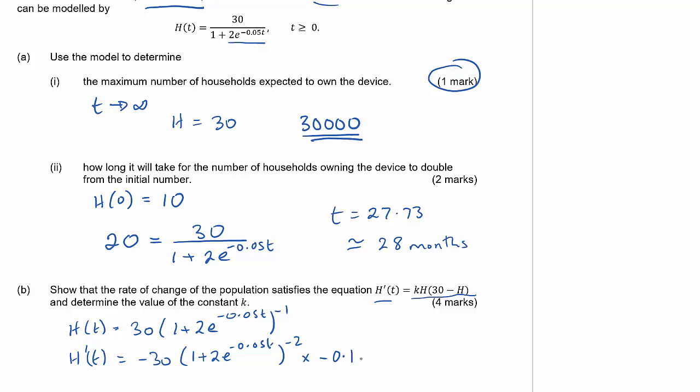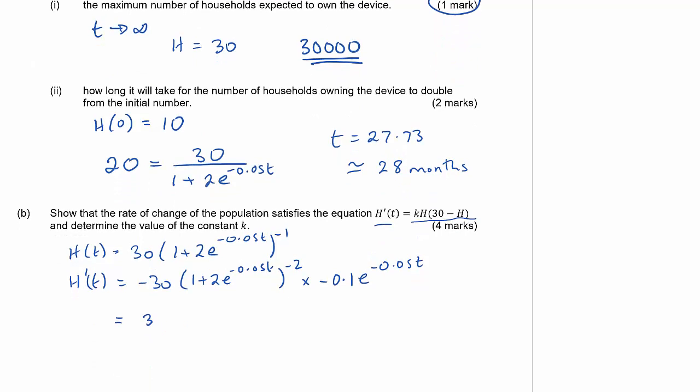So we're going to have negative 0.1 e to the negative 0.05t. So negative 0.1 times negative 30, that's going to be 3. And then we've got (1 plus 2e to the negative 0.05t) to the negative 2 multiplied by e to the negative 0.05t.